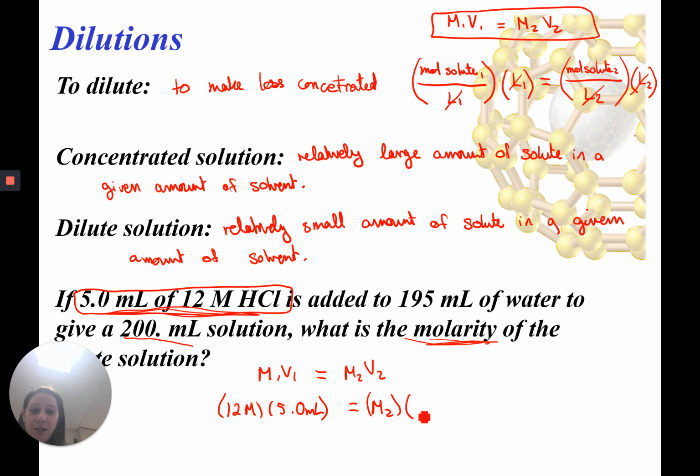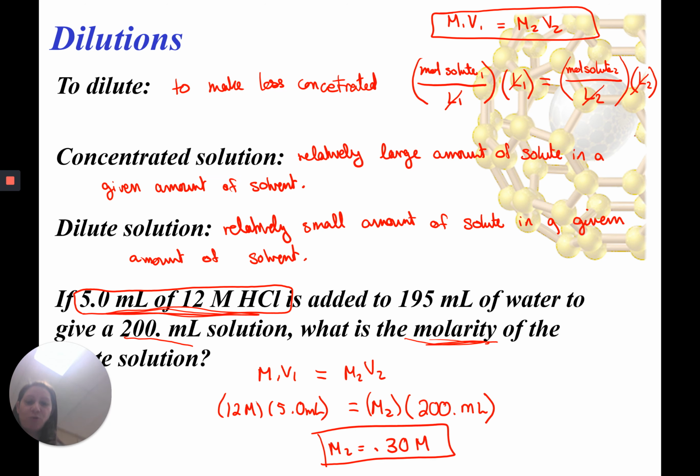And my new volume is now 200 milliliters. So that means that 5 milliliters of the 12 molar are going to contain the same number of moles as 200 milliliters of that new solution. And you end up with M2 being 0.3 molar. And I got that by taking 12 times 5 divided by 200.